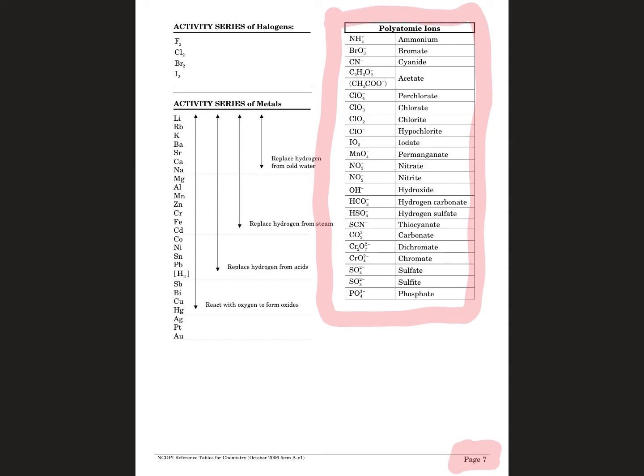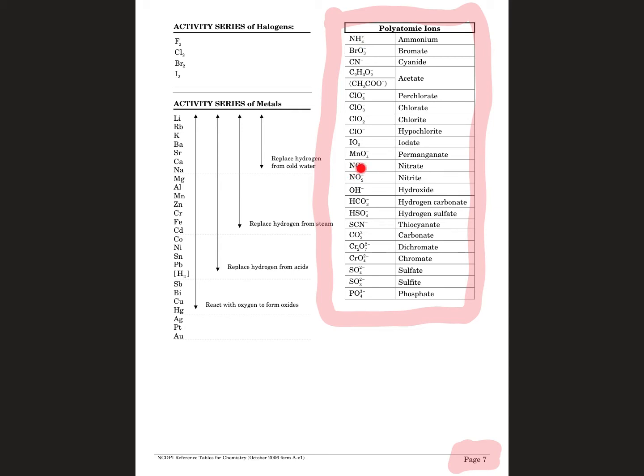And a polyatomic ion is quite simply an ion that's made up of more than one element. So notice, every one on here is more than one element. Every capital letter you see is the beginning of a new element. Now, some of them have way more than that, but if it's N and H, that's nitrogen and hydrogen.